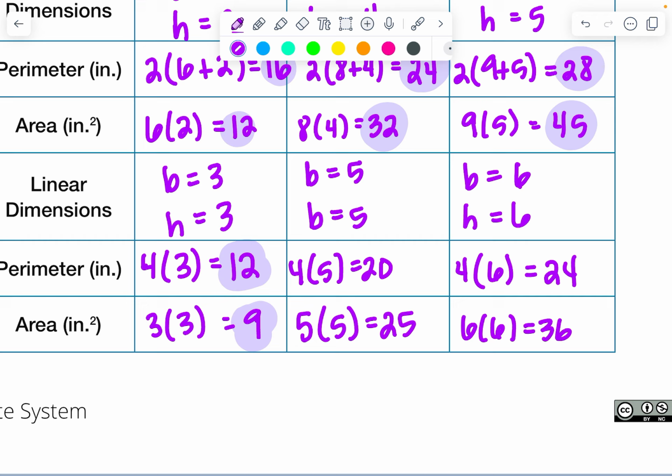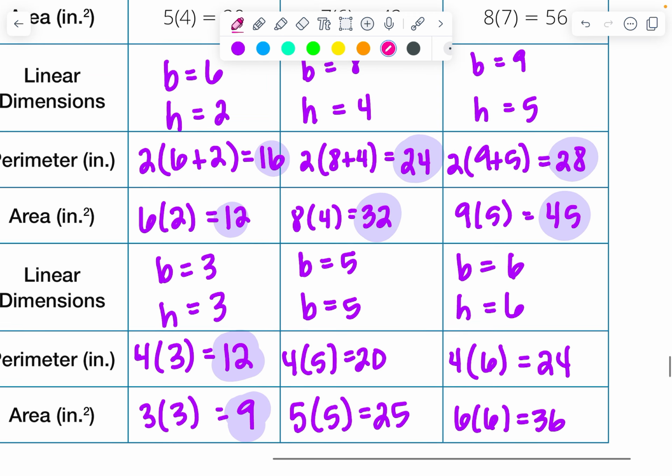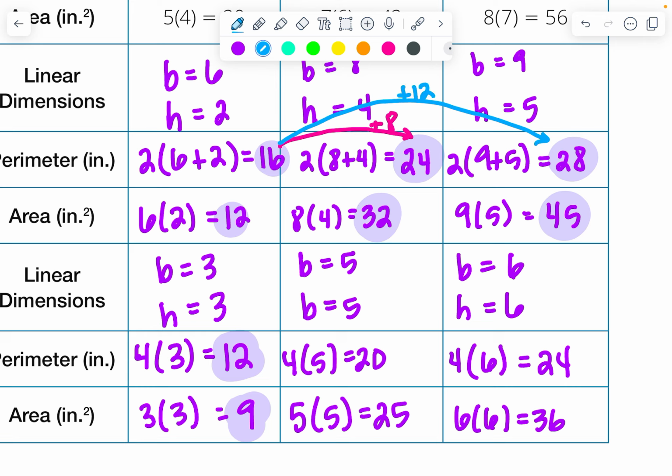So let's take a look at the relationship. For the previous one, we added 8. And then from here to here, we added 12. From here to here, we added 20. Then from here to here, we added 33.